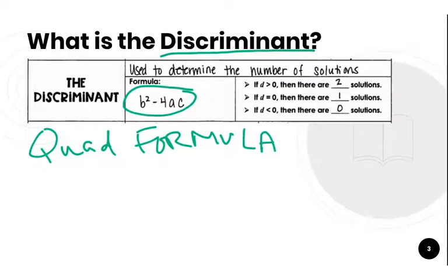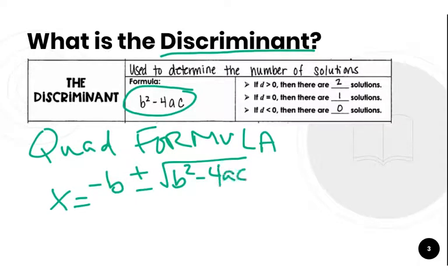It will always be given to you on any test. At least as of now, the Regents always gives it. And it is -b plus or minus the square root of b squared minus 4ac, divided by 2a. So the discriminant is specifically this inside part.